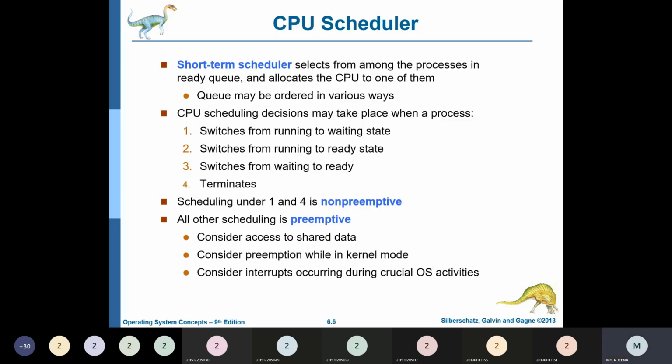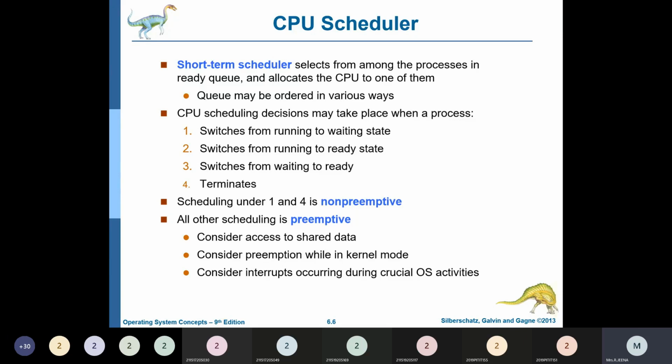The CPU scheduler is the one which schedules one among the processes. Even if we have n number of processes, only one process can be allocated to the CPU at a time. All of them can be in memory in the ready state, but while executing, only one process is allocated and the others are put in the ready queue.